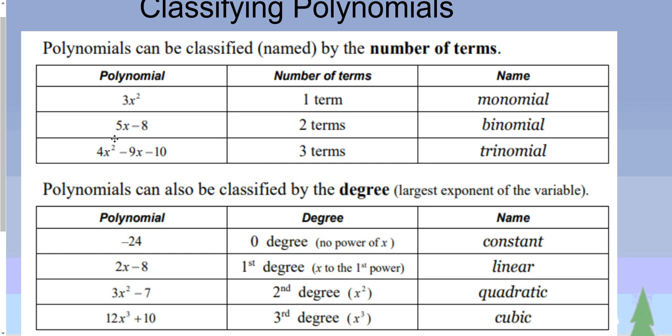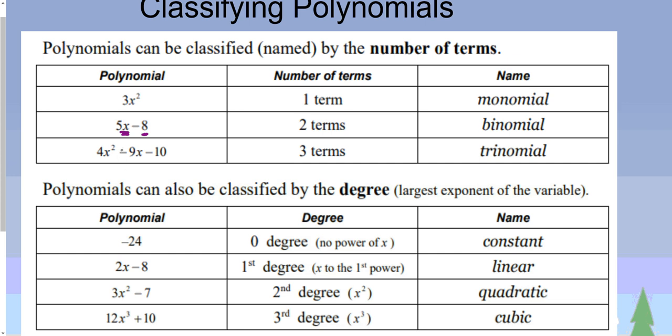A term is some expression with numbers and variables combined under the operation of multiplication or division. As soon as you start adding in addition and subtraction, that separates the terms from one another. So 5x is a term, 8 is a term, and so therefore we have two terms, and now we call that a binomial.